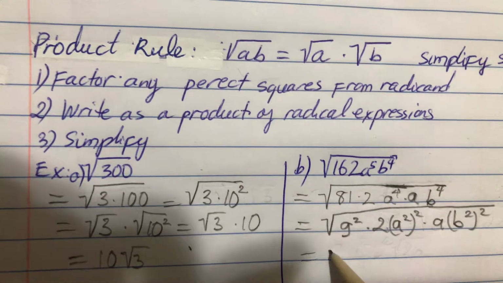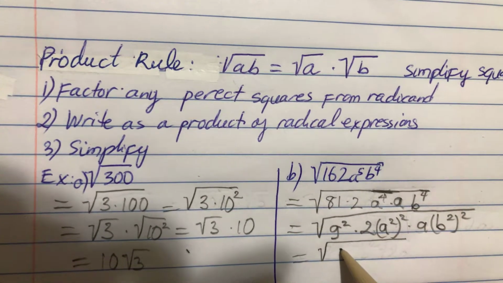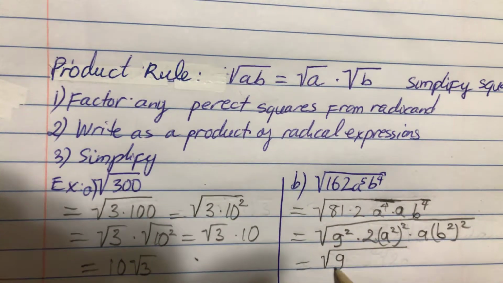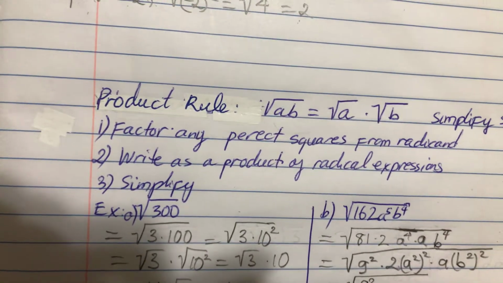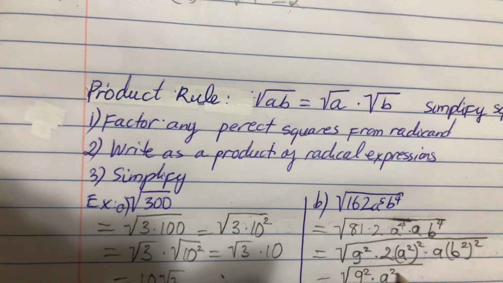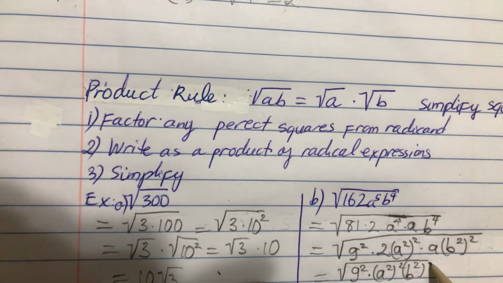Now all the perfect squares can be simplified. That gives me a square root of 9 squared multiplied with a squared squared and b squared squared.